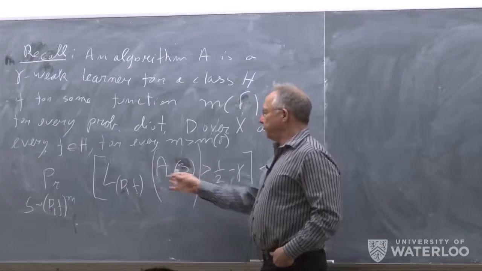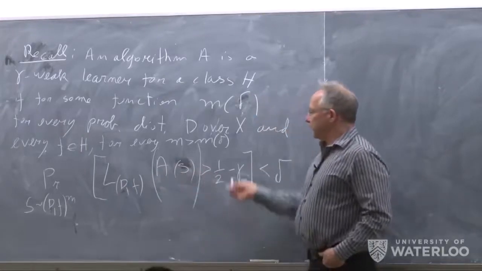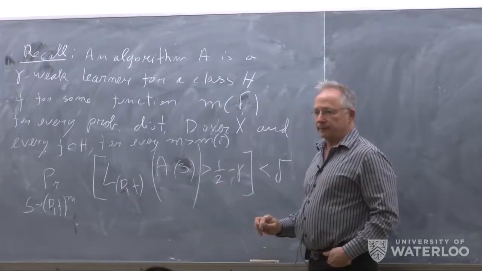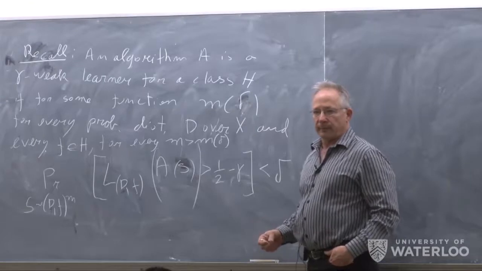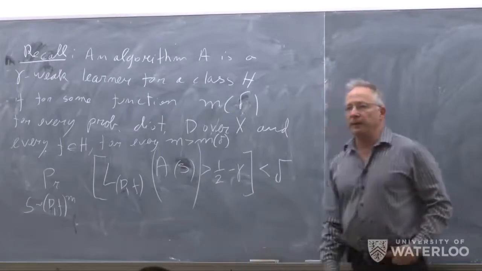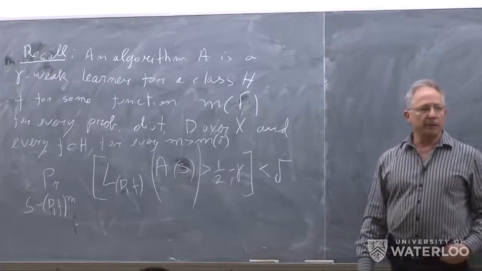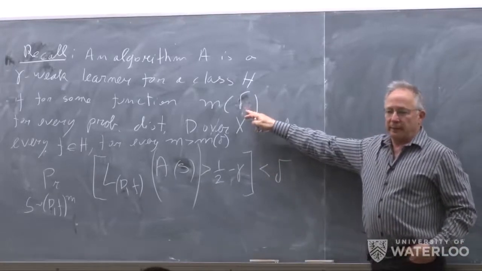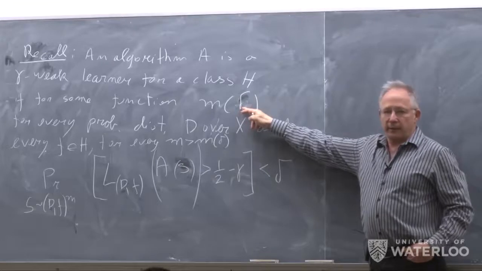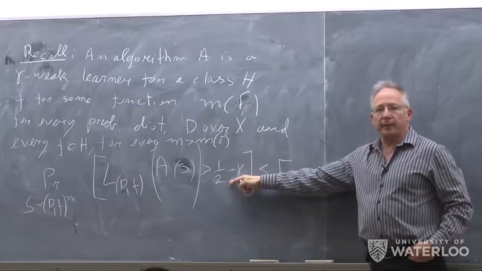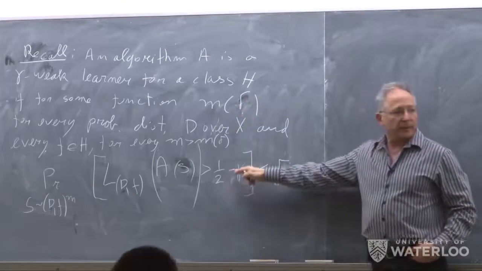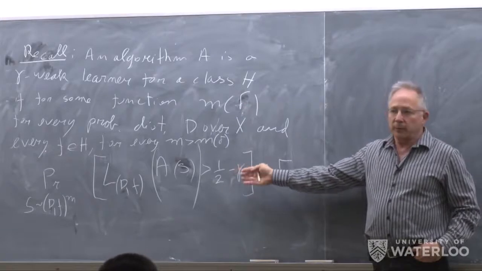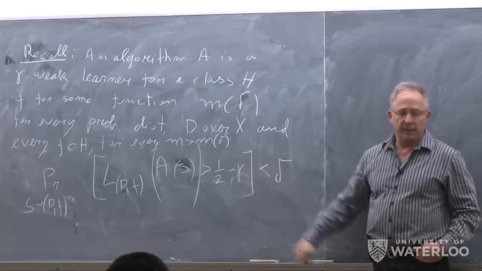The probability of error should not exceed half minus gamma. The only difference from the usual definition is that in the usual definition we had m of epsilon and delta, instead of just delta, and we wanted to achieve error epsilon. Here we just fixed the gamma.